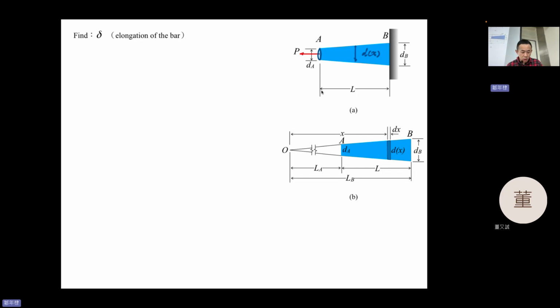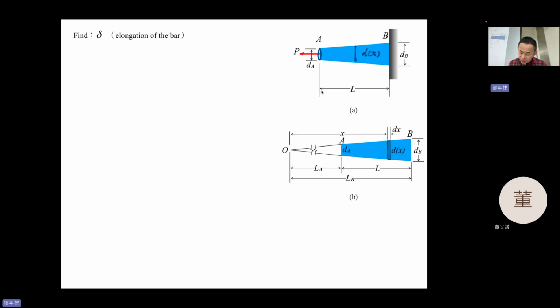Let's take a look. If we want to get the elongation of the bar, the elongation of each small segment will be an integration, right? So it will be related to Ni Li over Ei Ai, but the A is changing.